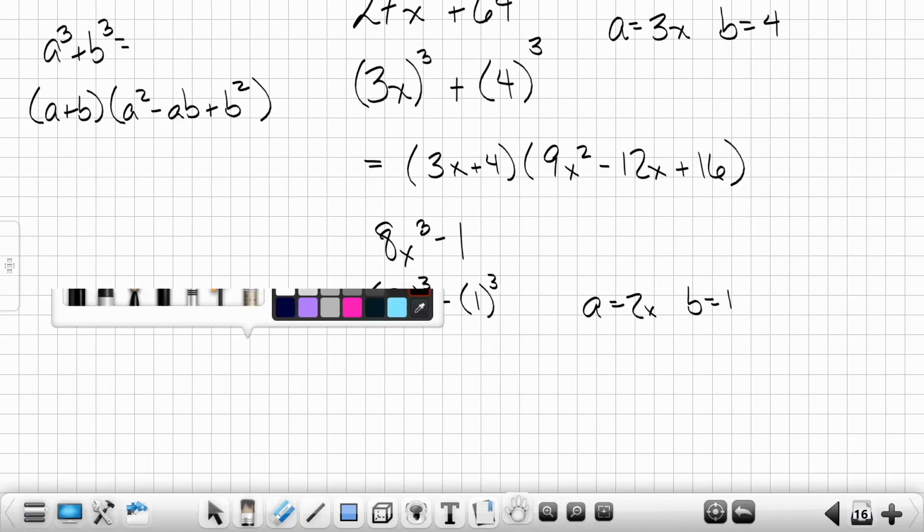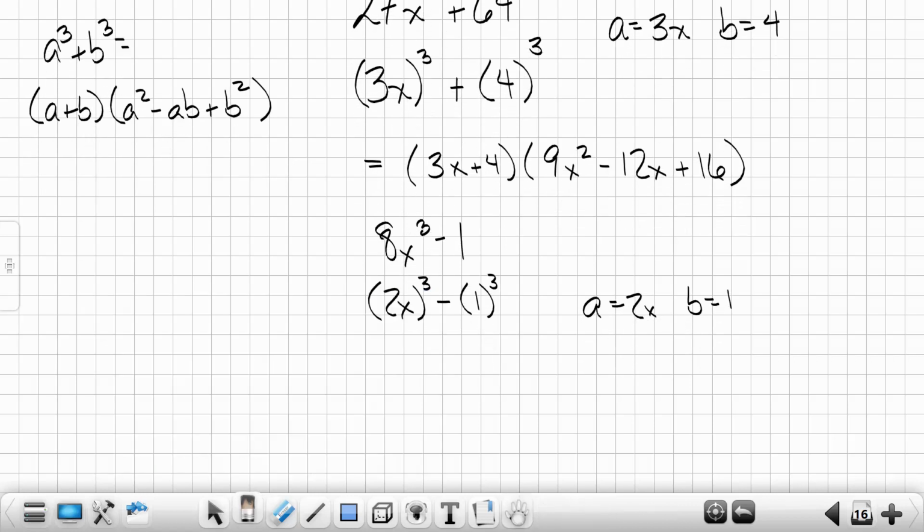And there's actually a little mnemonic device we can use. Sydney, Alexa, Martina, we are not focused enough. Okay, this is going to be A minus B times A squared plus AB plus B squared.